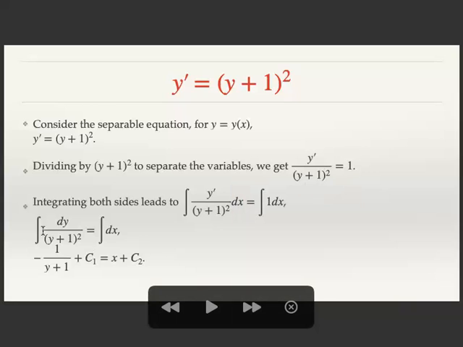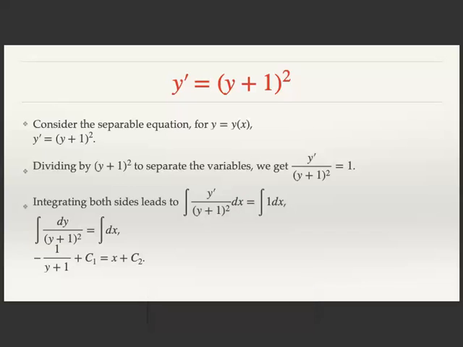So now the integral of dy over (y plus 1) squared. So we made the change of variable. y prime dx is dy. So the integral of dy over (y plus 1) squared is -1 over y plus 1.